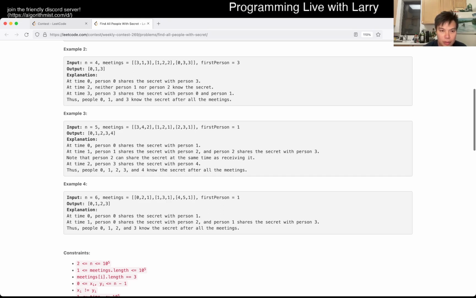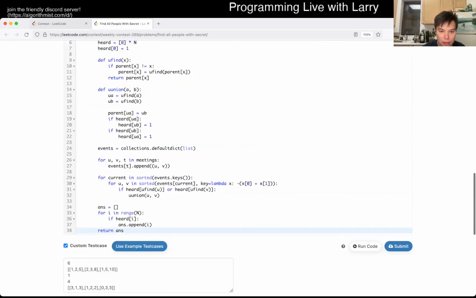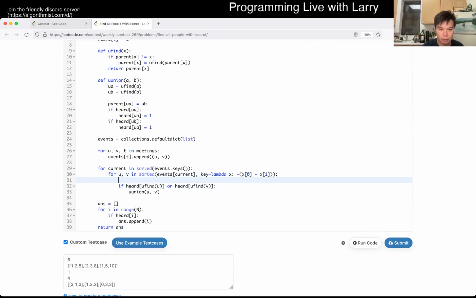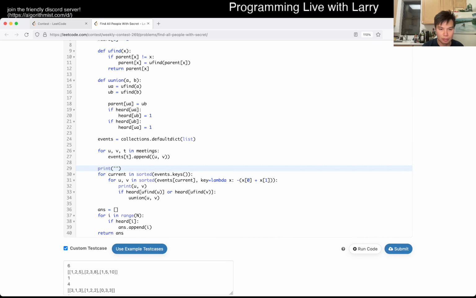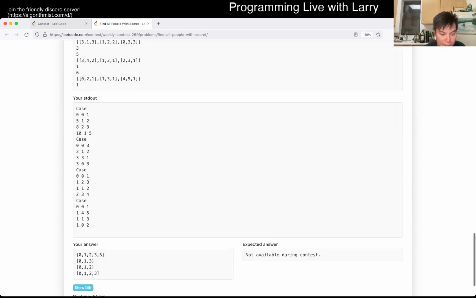Three shares of 4. Okay, so I think I'm doing a little bit wrong there. Why is that case wrong? Okay, at times 0, 2, and 3.